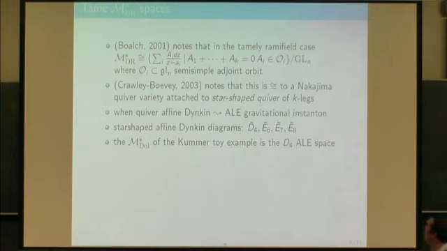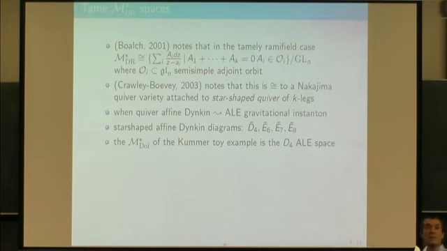And one issue I would like to point out, and I'll show it again in a moment, is that in the case of ALE spaces or quiver varieties, you can read off the quiver or the Dynkin diagram from the topology of the 4-dimensional surface. What you have to look at is the intersection form on H2. So if your slice is good, it captures the full H2 as H1.